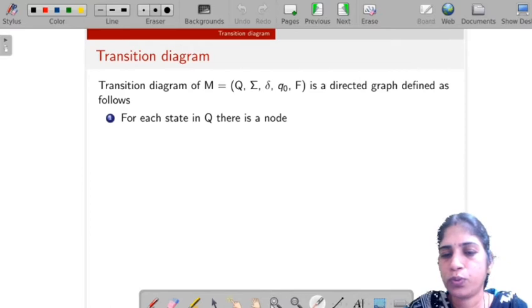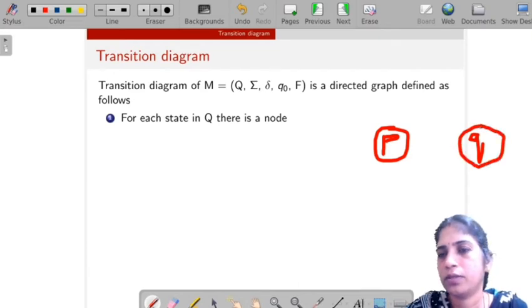Suppose we have two states P and Q. Then these two states are represented by the nodes of the graph. Nodes are usually drawn as circle, states within the circle.